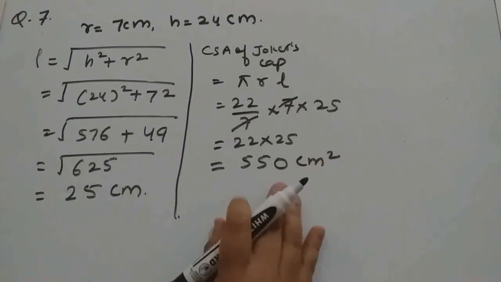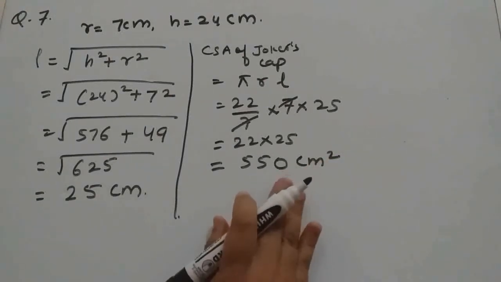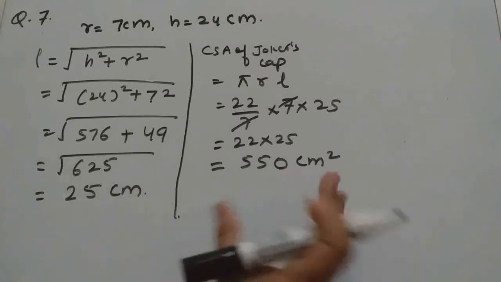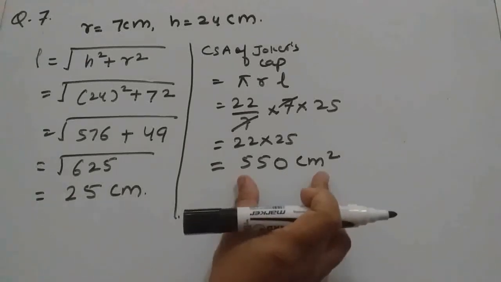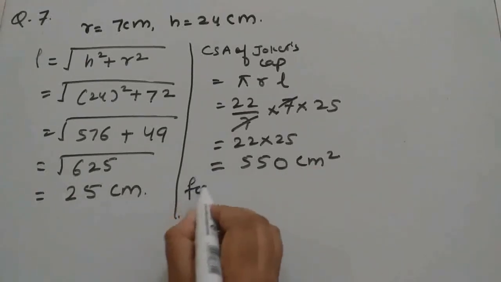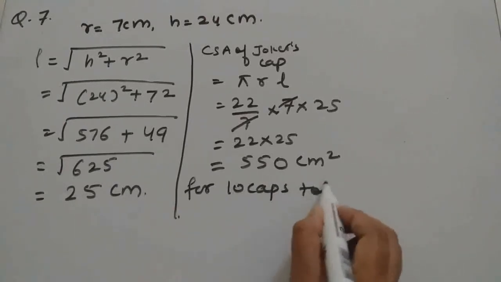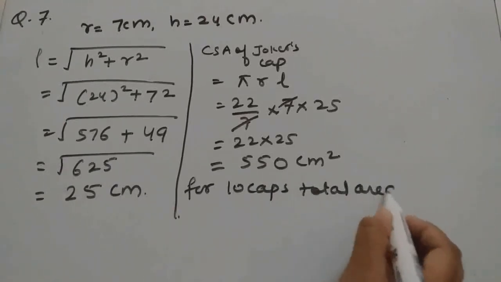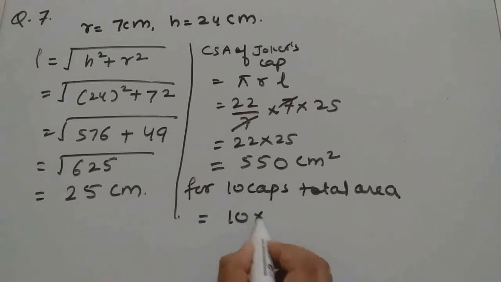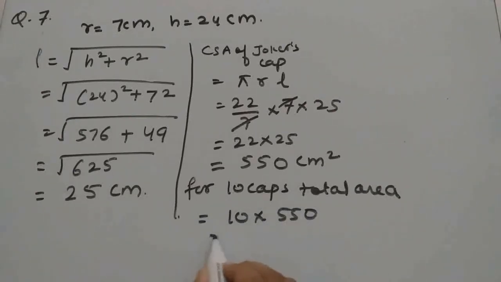Now, area of the sheet required to make such 10 caps. So this is for one cap, isn't it? So for 10 caps, total area will be 10 into 550. So that will give 5500 centimeter square.